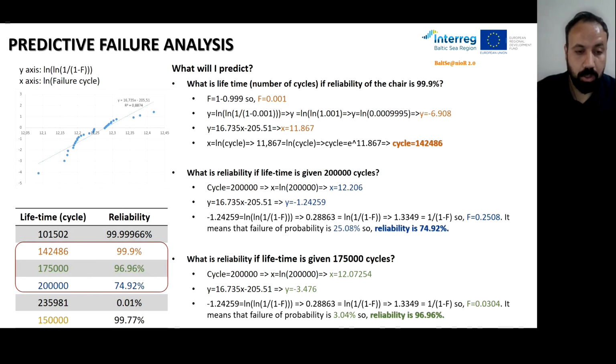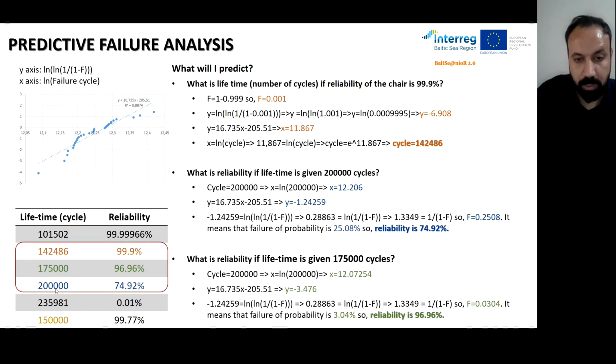To give the lifetime as a day or year, our data should be in days, years, months, or weeks. Or if you would like to talk about the load, our data should be given in newton meters or moment or whatever it is.